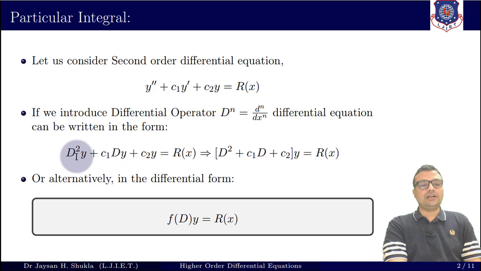It is D square of y plus c1 times D of y plus c2 times y equal to r of x. Considering the left hand side along with the separate value of y as D square plus c1 D plus c2 times y equal to r of x, we can write the equation as f of D y equal to r of x. This is our first step in all possible solutions of higher order differential equations.